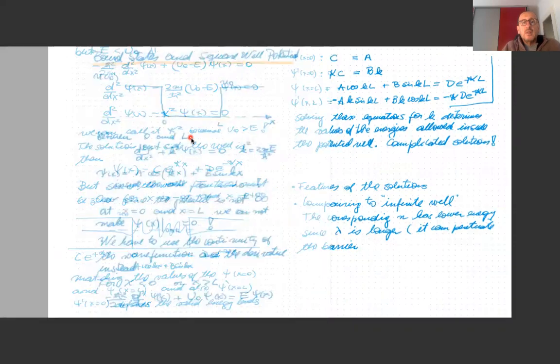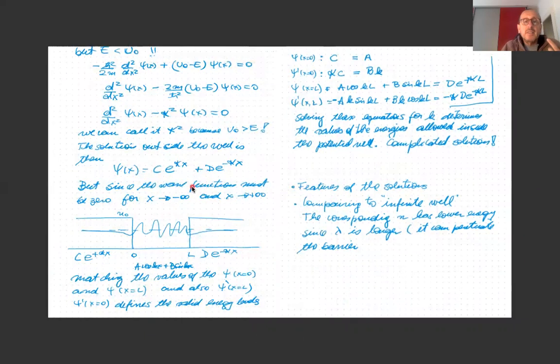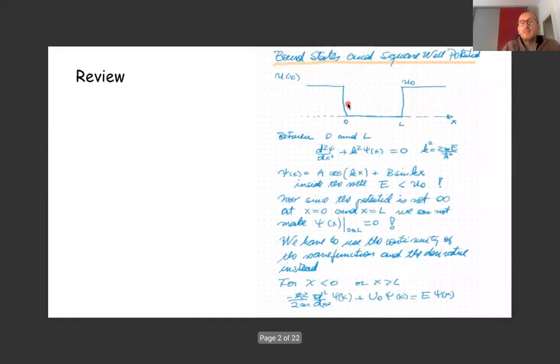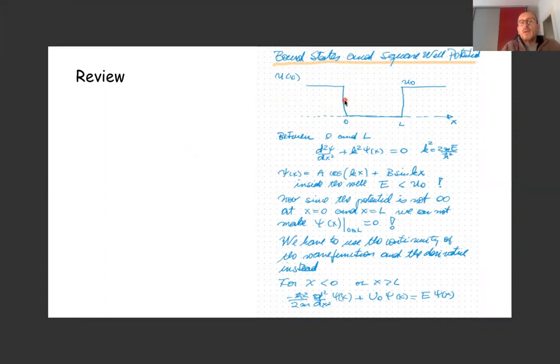Okay, so the solution in this case and in this case will be exponentials, and I say decaying exponential because I'm thinking of the additional boundary condition that the probability should not be infinite at large values of x. What we are asking is that most of the particle would be around this place and there will be nothing here. So essentially phi of x will go to 0 in this direction and in that direction.